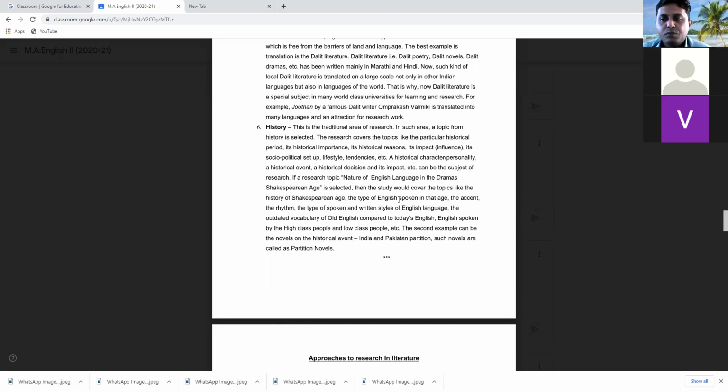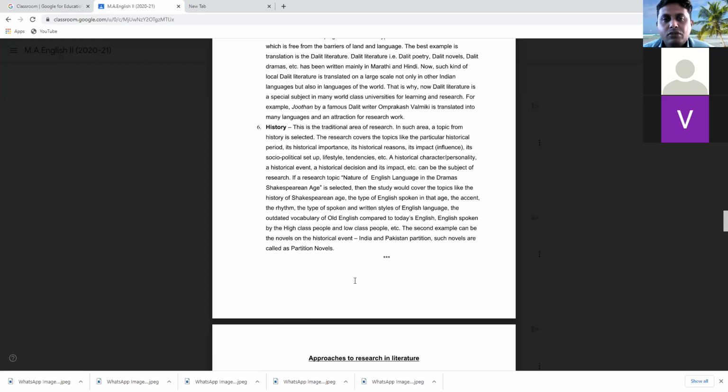I have to study the type of English spoken in that age. I have to study the accent, the rhythm, and the type of spoken and written language in that period. I have to study the vocabulary of old English compared to today's English also. So English spoken by high-class people and low-class people, I have to cover all those things, right?